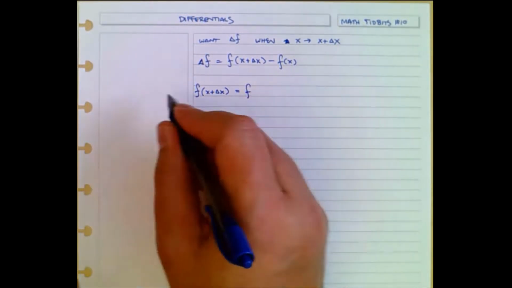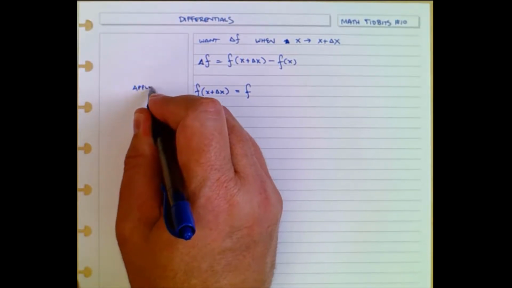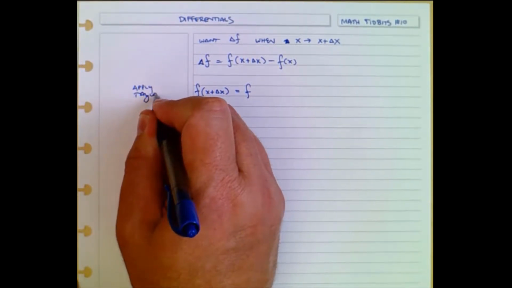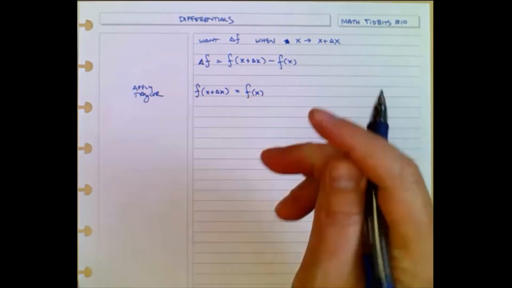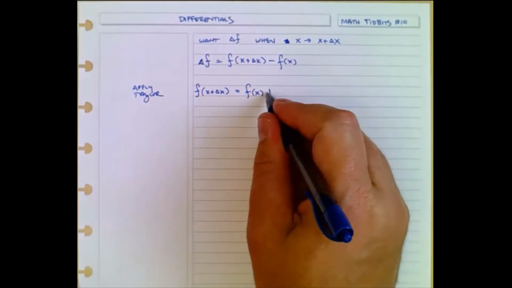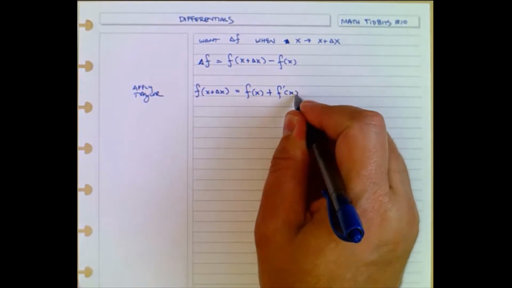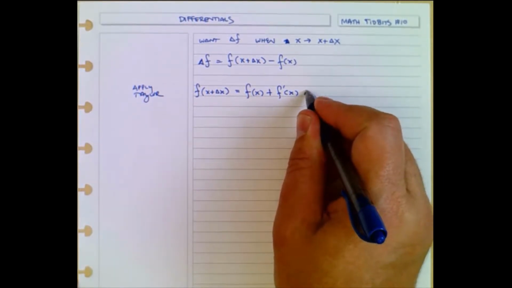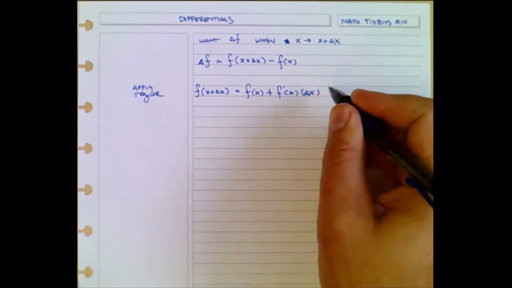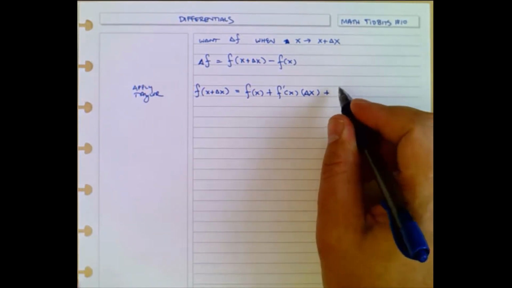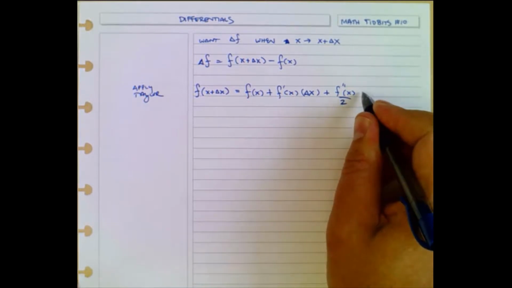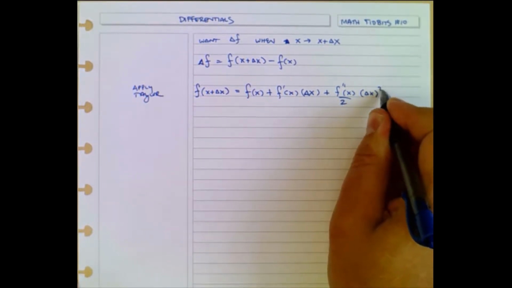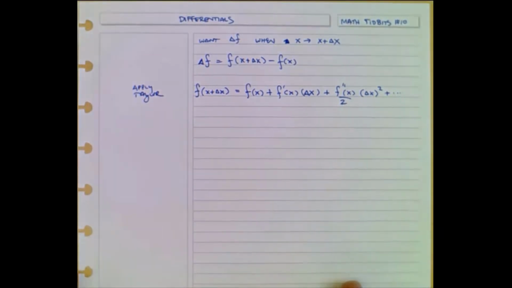So we're going to apply Taylor in this way. We know what f of x is and all its derivatives are at a given location. And the Taylor expansion as applied here will look something like this.